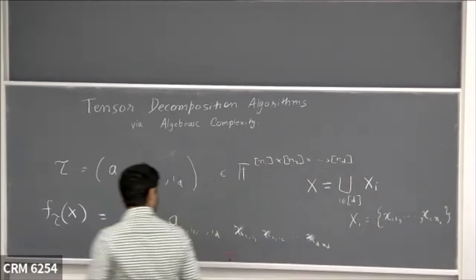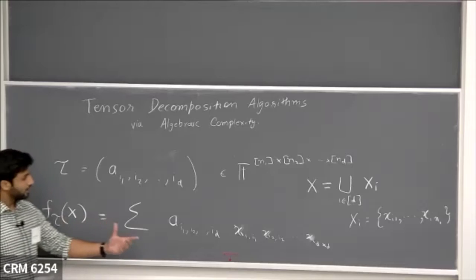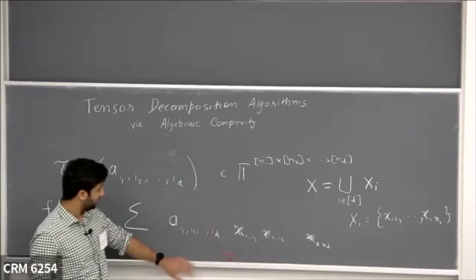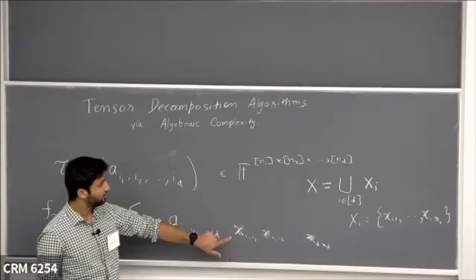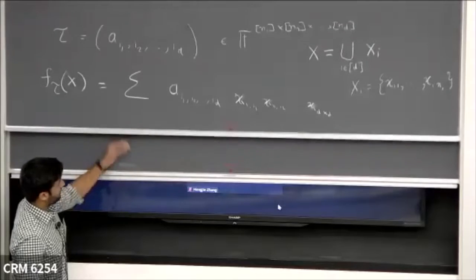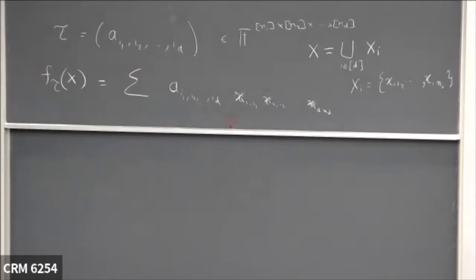These kinds of polynomials are called set multilinear polynomials because if you look at any monomial, there is a variable partition such that each monomial has exactly one variable from each partition. So that's how we look at tensors, and it's helpful to look at it like this for the following reason.